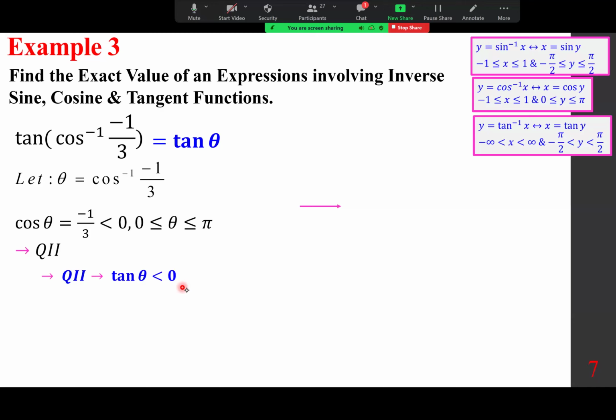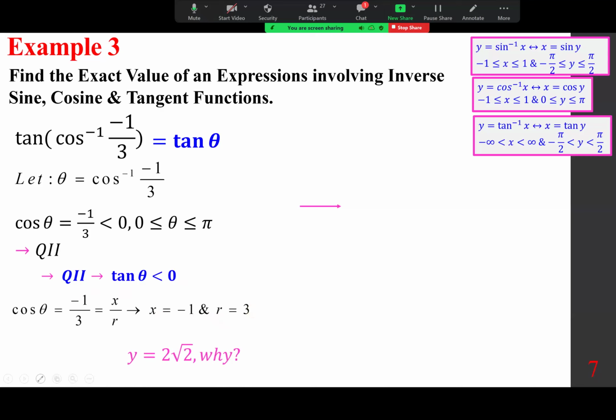So if we go with x, y, r, cosine is negative 1/3, which makes it x over r. Choose x to be negative 1, r to be 3. And that means you can calculate the y, because x squared plus y squared equals r squared, or 9 again. And y is 2 square root of 2.